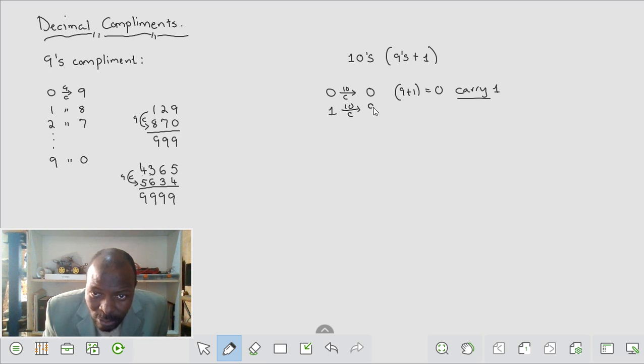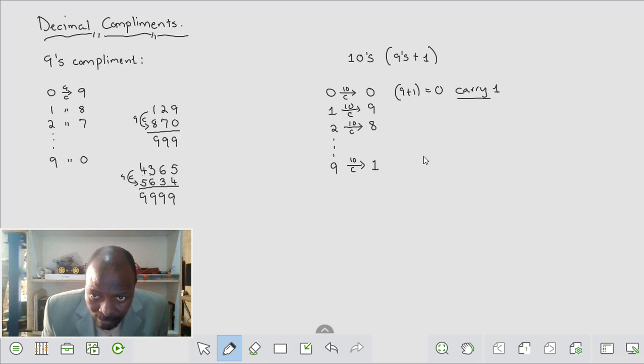You add 1, that's going to be 9. If you try 2, 10's complement of 2, 9's complement would have been a 7. You add 1 to it, that would be an 8. You can do that all the way up to 9. Now, the 9's complement would have been a 0. 0 plus 1 is a 1.